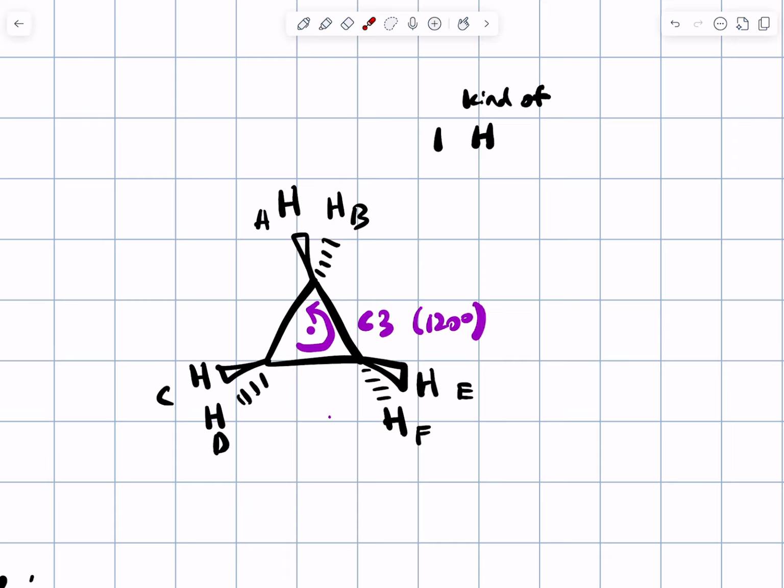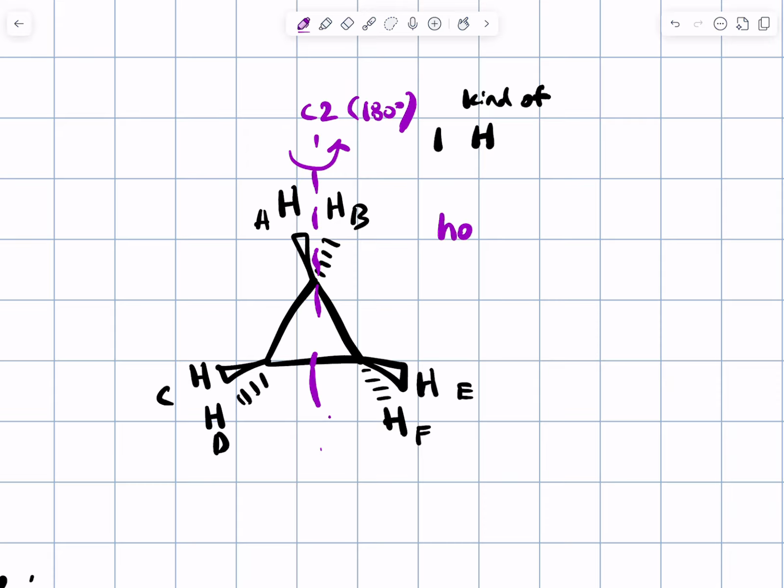Now let's do above the ring or below the ring. Those are clearly related by a mirror plane, but they are also related by a C2 pancake flip axis that will interchange HA and HB. So all of the protons are homotopic, and there's just one kind.